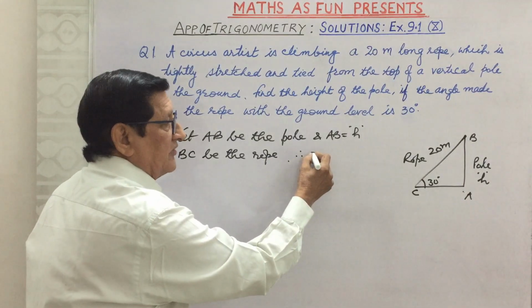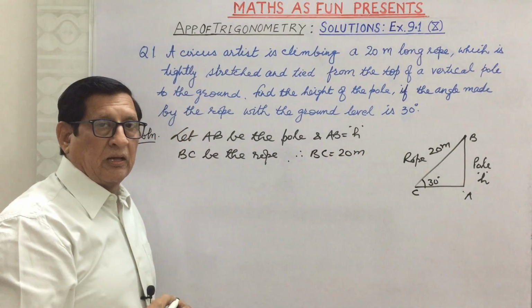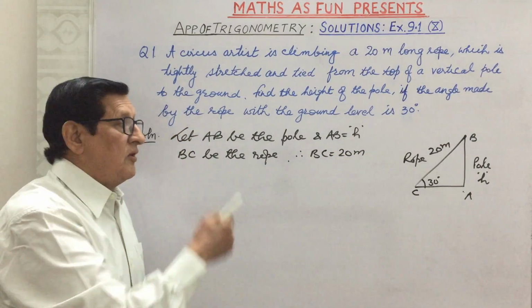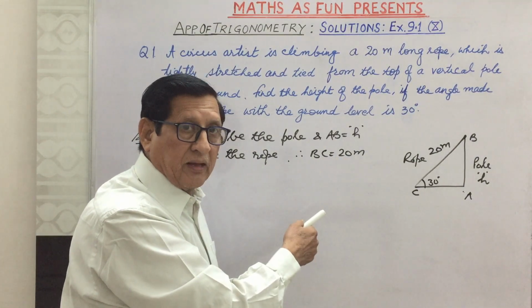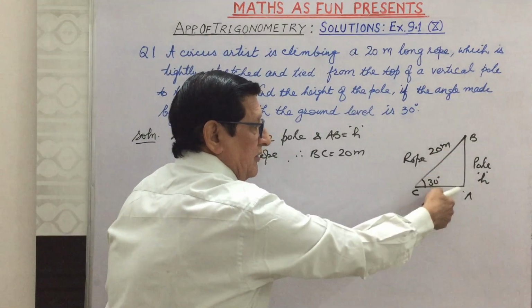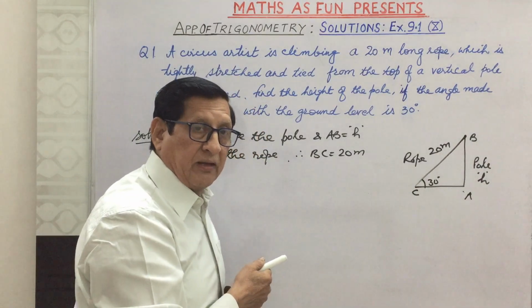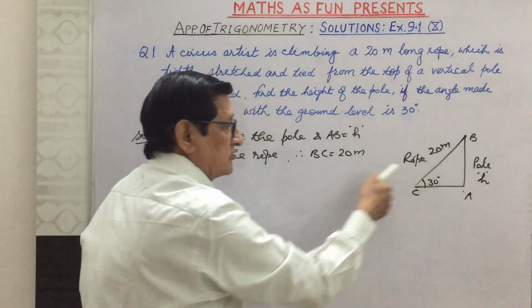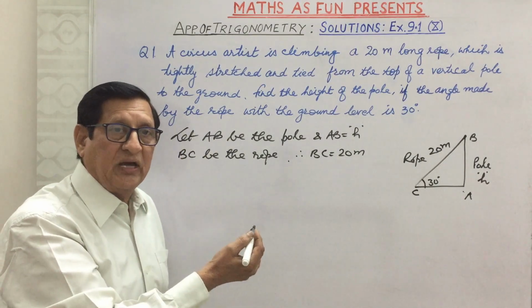Therefore, it is given that BC is equal to 20 meters. What we have to understand is what side of the triangle has been given to us and what we have to find out. Here this pole AB is the perpendicular for this particular angle of 30 degree, and this is the hypotenuse.